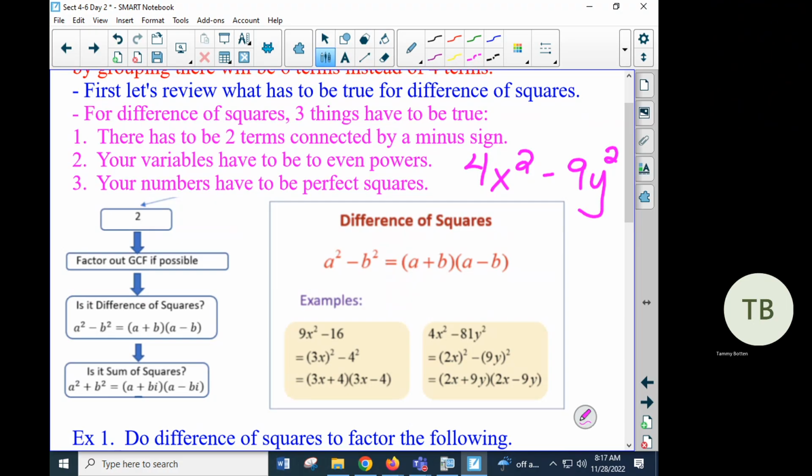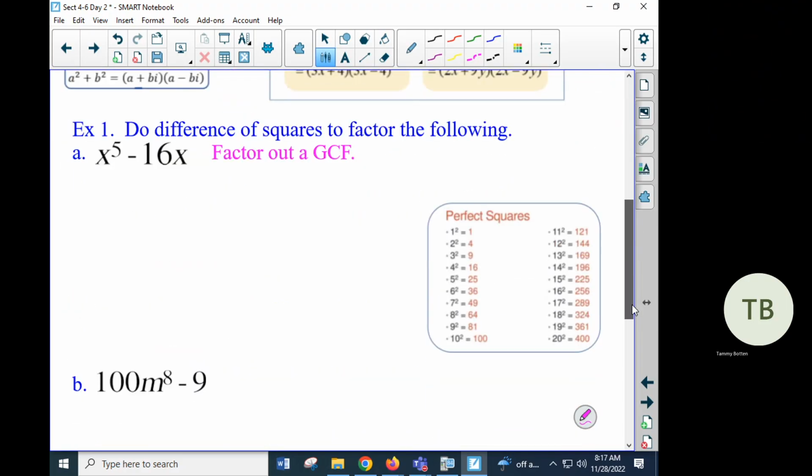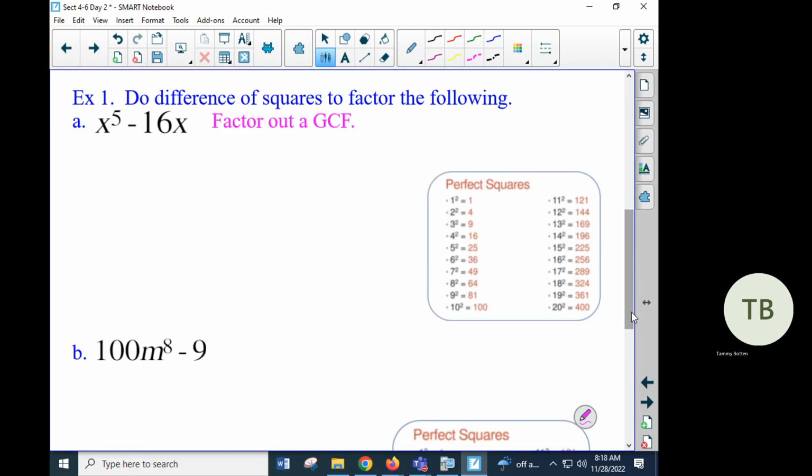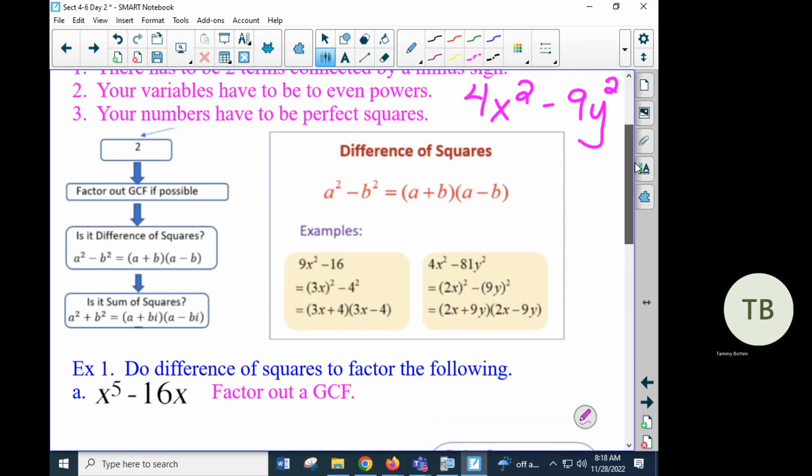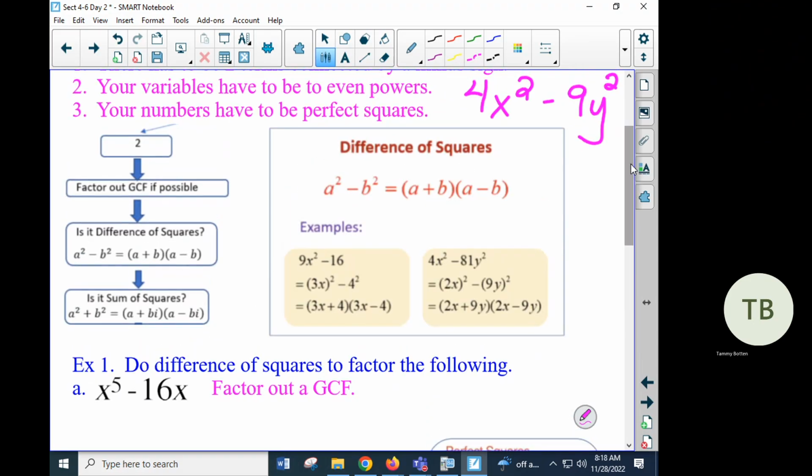And then your numbers have to be perfect squares, and 4 and 9 are both perfect squares. You guys on that sheet, on that flow chart I gave you, you have this on the back of it, and it would just have to be one of these listed in red. Okay, so that is this right here. We don't do sum of squares, so you can ignore that.